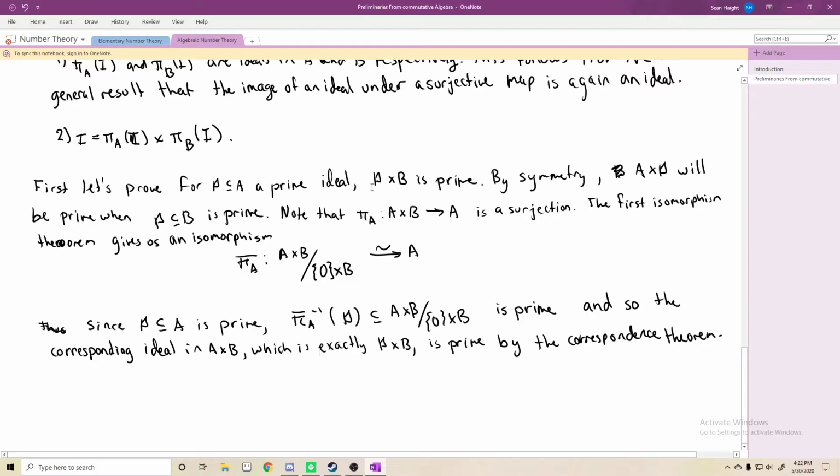You can easily see that this set is an ideal, and to check that it's prime, you just suppose the product of two things are in there, and so on and so forth.